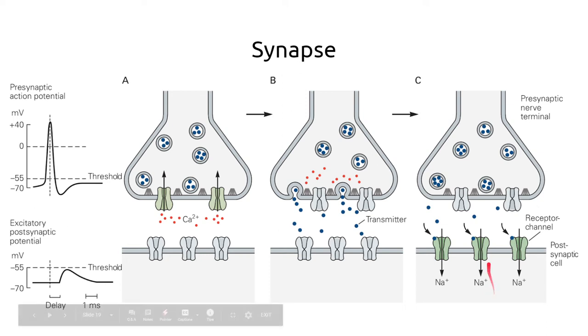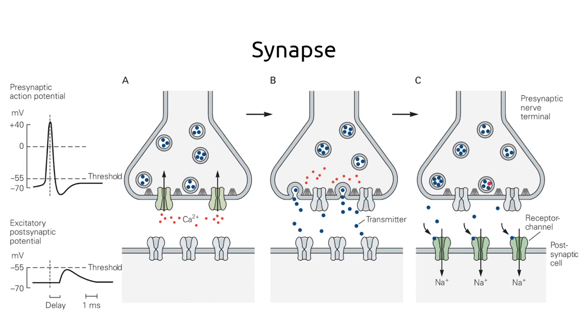One of them is how many of these vesicles are there, and how likely are they to actually bind to the wall given a spike? That can be wildly varying. It can be like 20%, it can be 99%. For any particular neuron it's pretty constant, but neurons in different brain areas, or even two neurons next to each other, might have very different values.